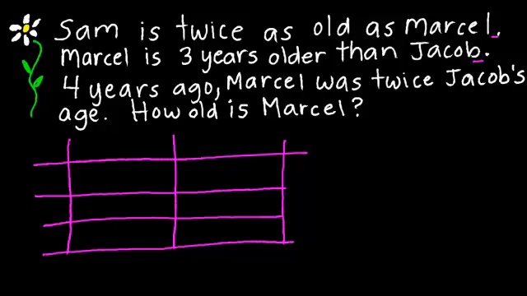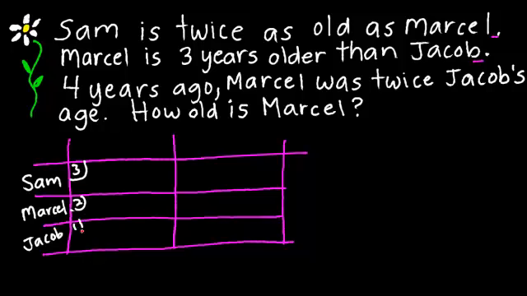Over here on the right, I'm going to just list their names. Sam, and we have, kind of going in order, Sam is the oldest, and then we have Marcel, who is the second oldest, and then the youngest, which is Jacob.